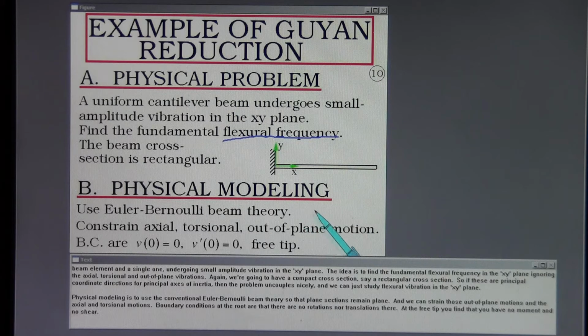Physical modeling is to use the conventional Euler-Bernoulli beam theory so that plane sections remain plane, and we constrain those out of plane motions and the axial and torsional motions. Boundary conditions at the root are that there are no rotations nor translations there. At the free tip, you find that you have no moment and no shear.